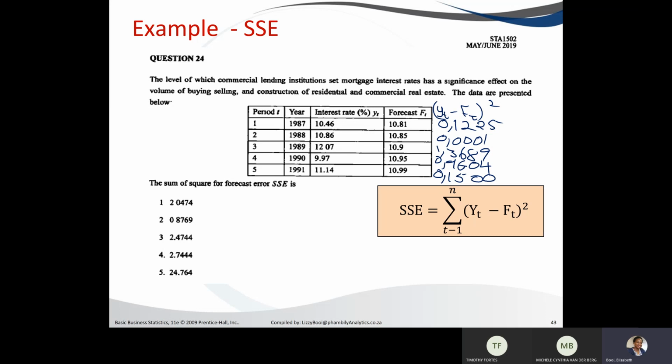0.9604 plus 1.3689 plus 0.001 plus 0.1225 equals.